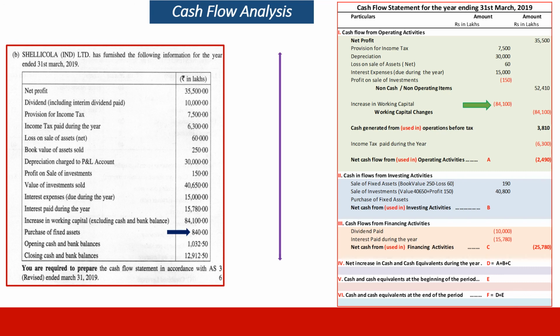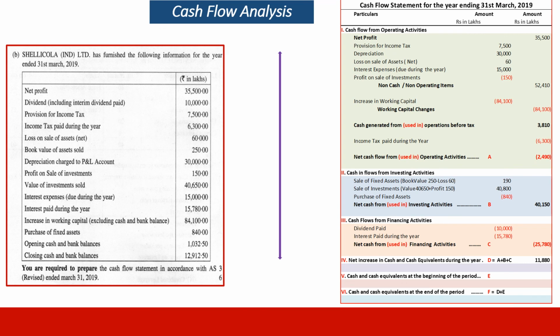Then there is purchase of fixed assets, a simple straight transaction. It is a cash flow. 840 is going out as a payment. Then that leaves us with all subtotals, because after 840 what is left is opening balance and closing balance of cash. We strike subtotals for all other transactions: working capital changes, cash generation used, income tax paid, and net operating cash flow is minus 2,490.